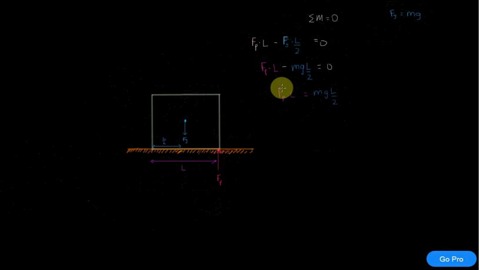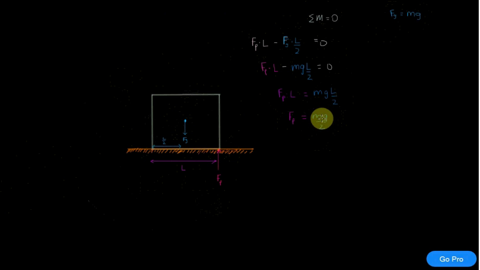So how much force do I have to push with in order to keep this equilibrium situation true? Well, I'll divide everything by this L component. The L's will cancel out on either side, and I'm just left with mg over 2. So in other words, the force that I have to apply is equal to half the weight of this particular object.